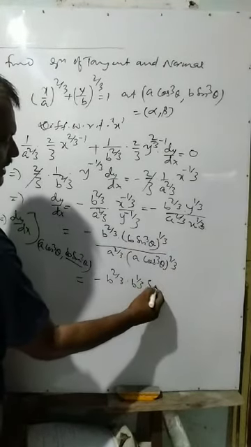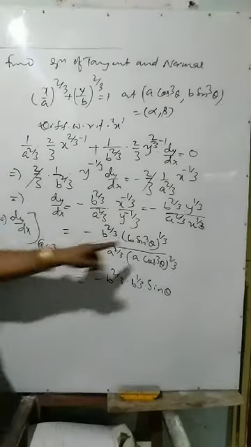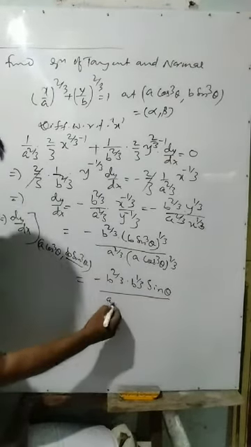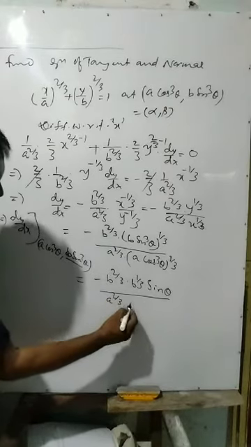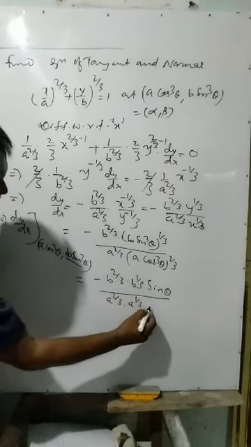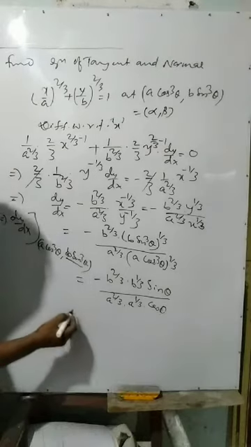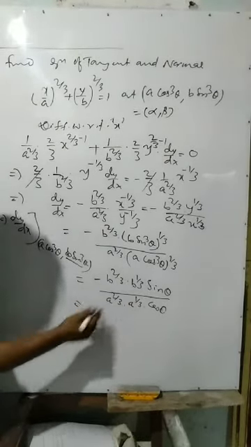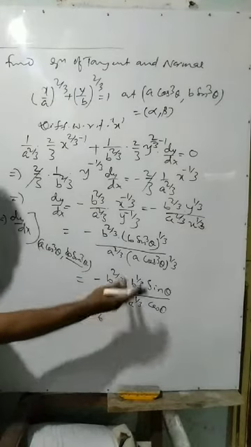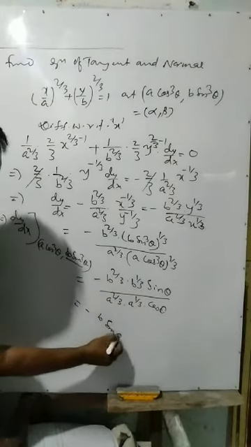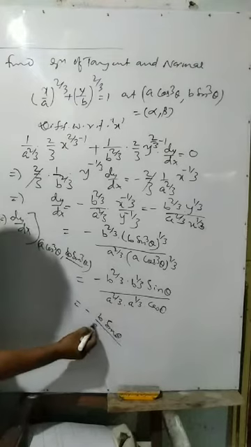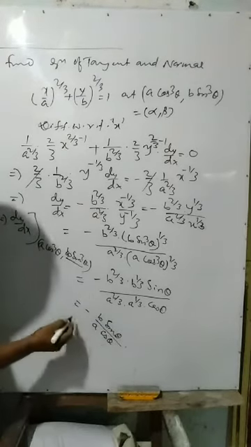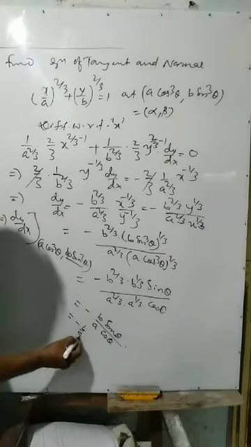Here we will get only sin theta. Similarly a to the power 2 by 3, a to the power 1 by 3, here cos theta. Now look at b to the power 2 by 3 and 1 by 3; you add these two, then we get b to the power 1 sin theta by a to the power 1 cos theta. Okay, so this equals minus b by a tan theta.